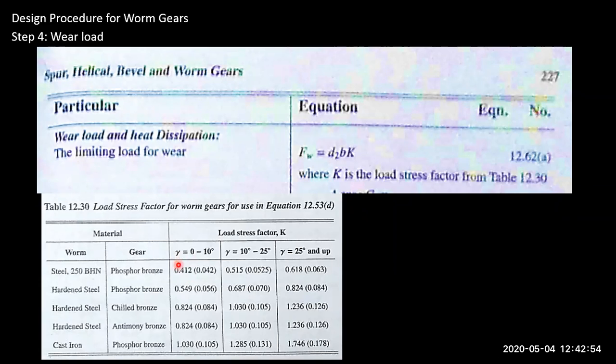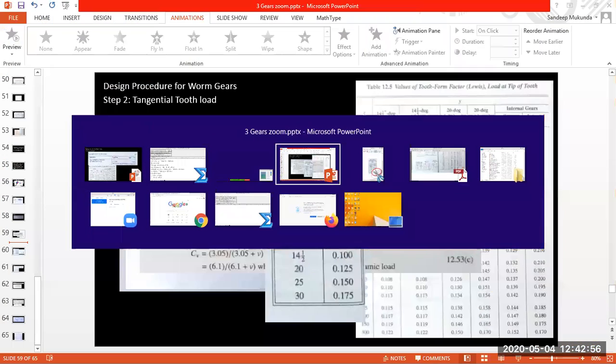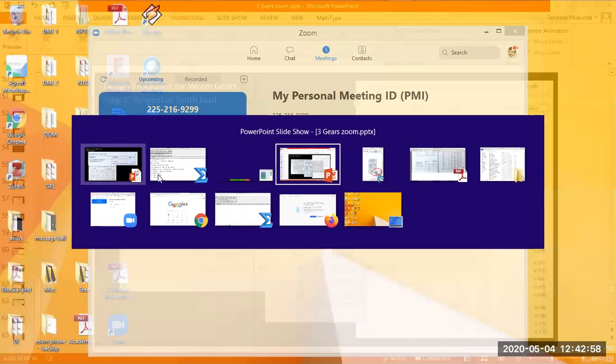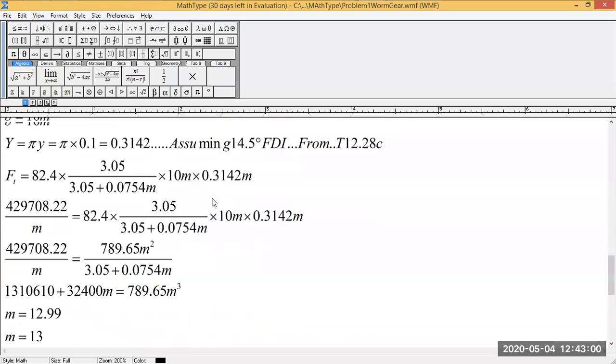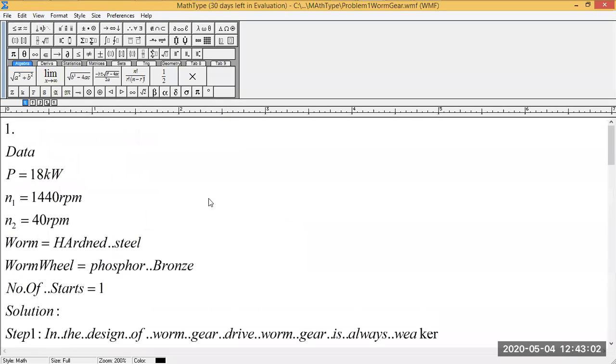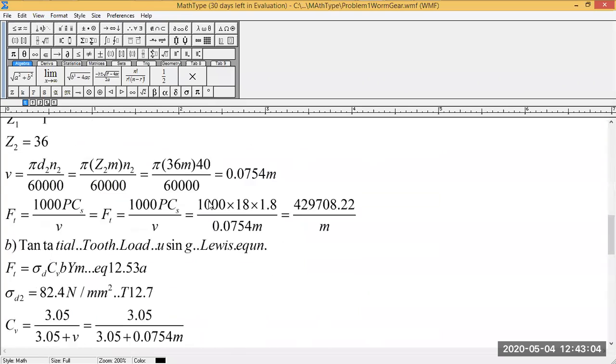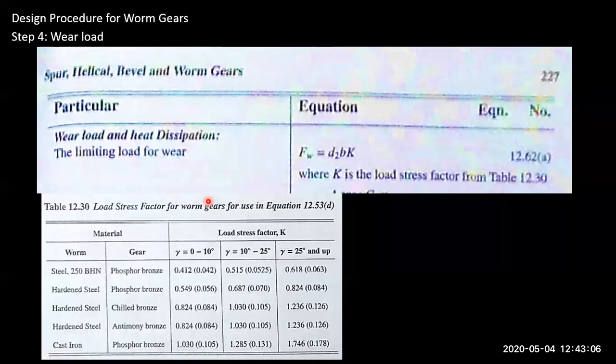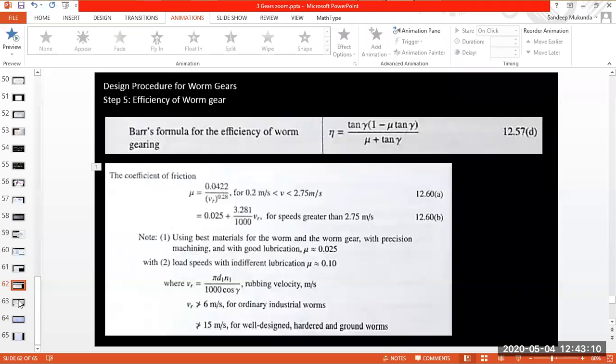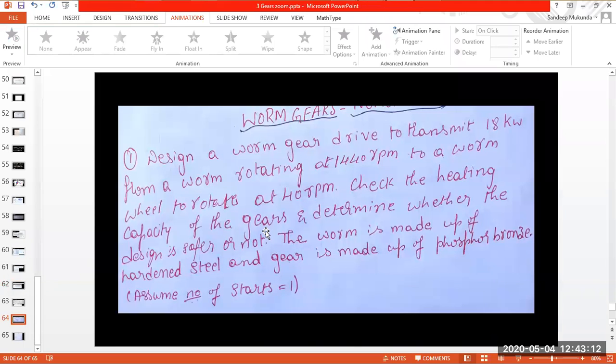Gamma is the helix angle of the worm. What is the helix angle of the worm? I think we have noted. Let's just check once. No, I don't think it's given in the question. The helix angle is also not given.